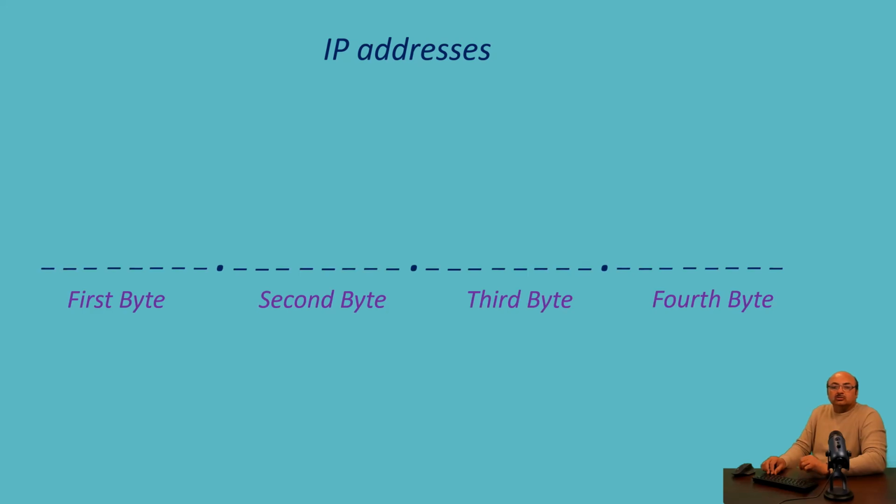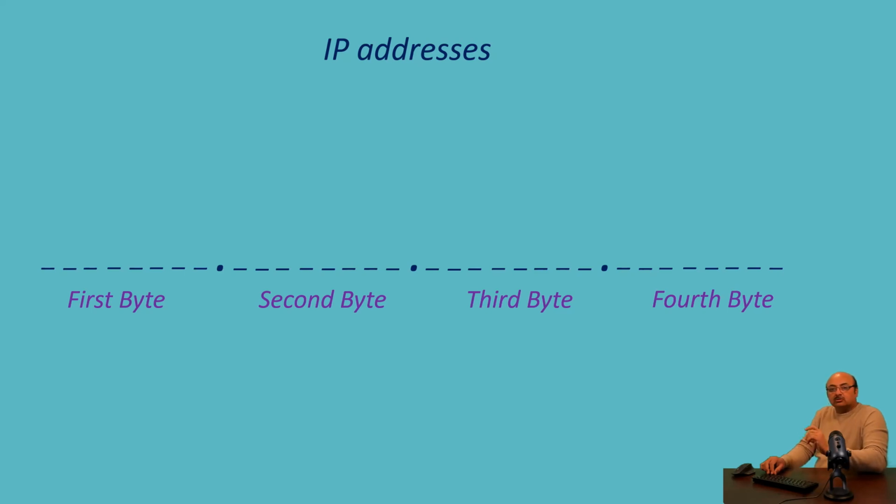We know that an IP address is 32 bits long and it is divided into 4 equal parts, 4 bytes. And for us to determine the class of an IP address, only the value of the first byte would be sufficient to give us the clue.